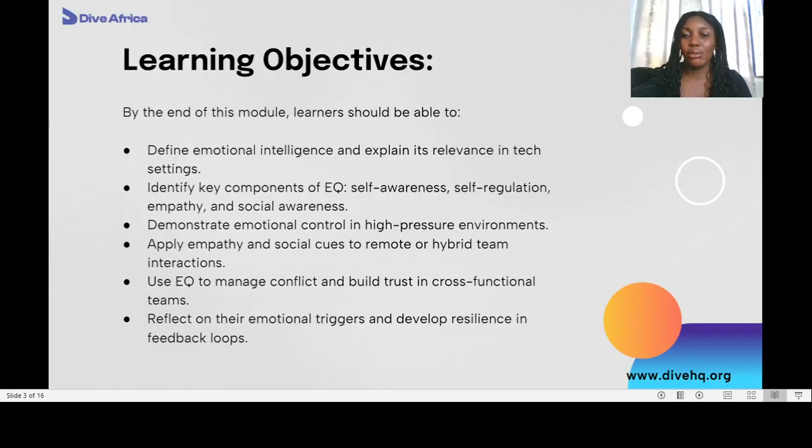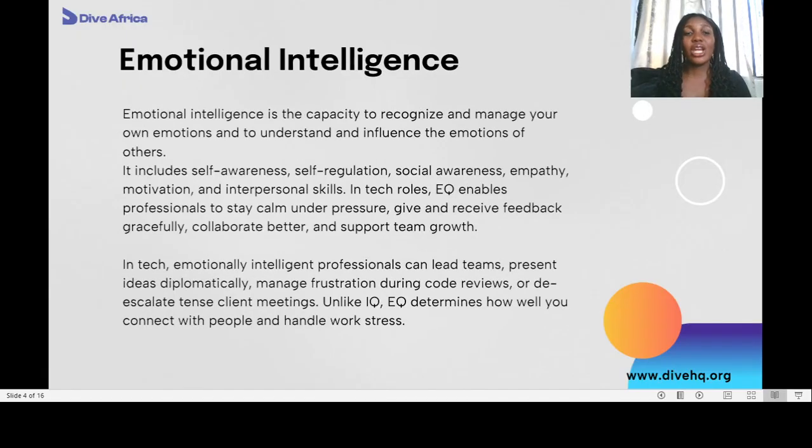What is emotional intelligence? Emotional intelligence is the capacity to recognize and manage your own emotions and to understand and influence the emotions of others. It includes self-awareness, self-regulation, social awareness, empathy, motivation, and interpersonal skills.